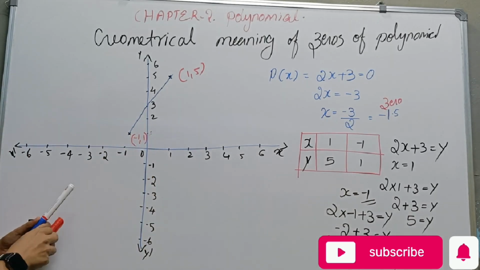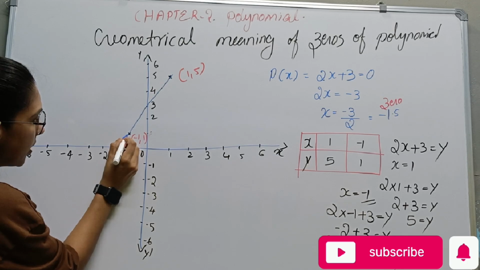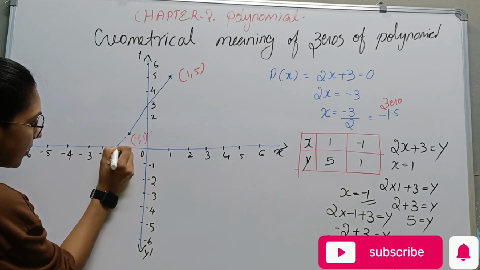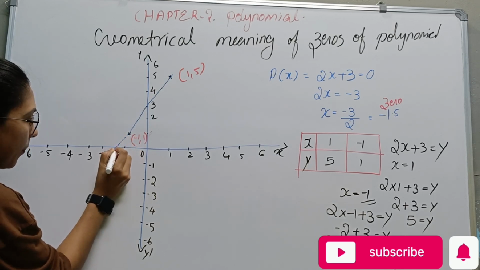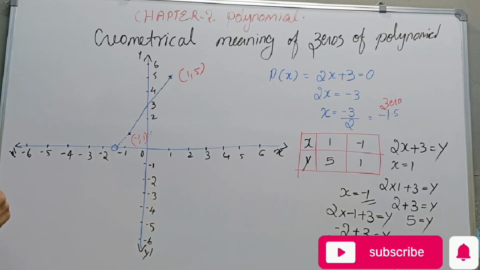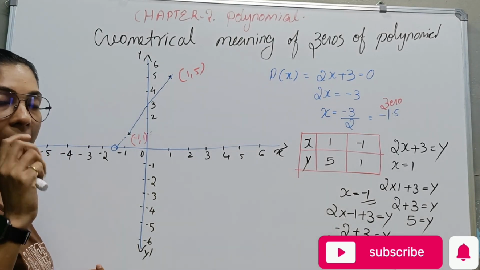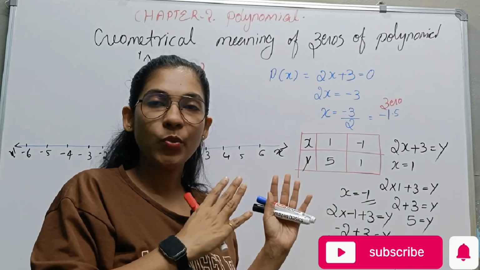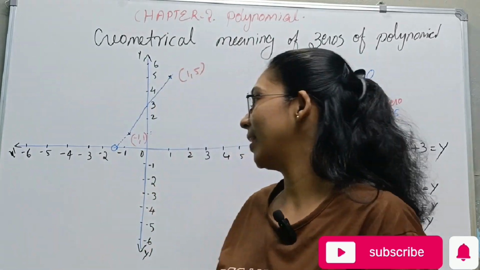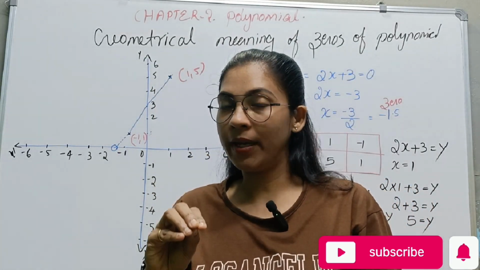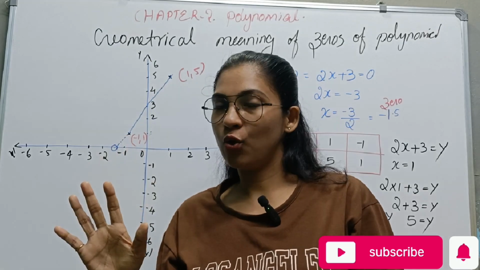If we extend this line to the x-axis, it touches a point like this, and the point at which the straight line touches the x-axis is said to be the 0 of the polynomial.